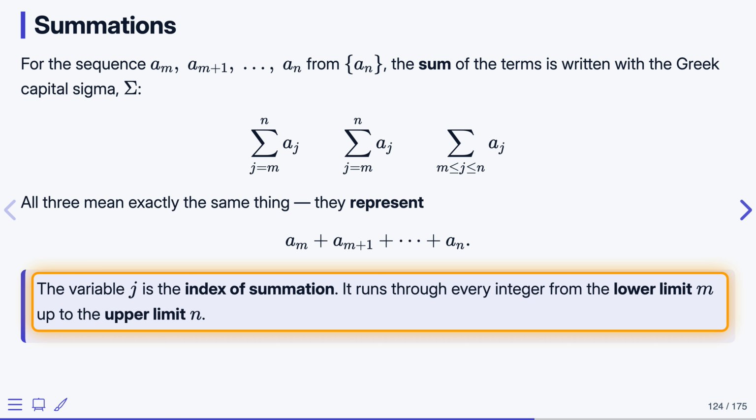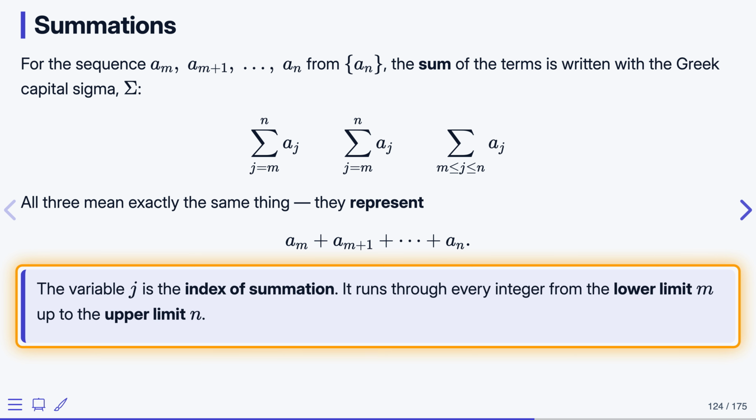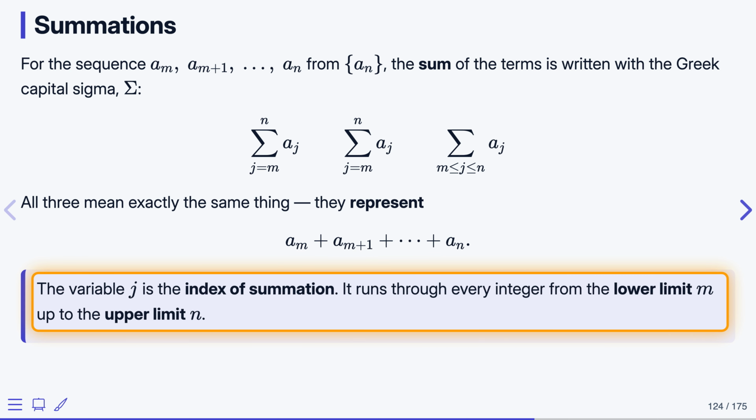Above the sigma, we write n, the ending value, called the upper limit. The 3 forms on the slide are different ways to write the same sum. Each one means add a sub m plus a sub m plus 1 plus ... plus a sub n. The letter j here is called the index of summation. Think of it as a counter that steps through every whole number from m up to n, picking out each term to add.